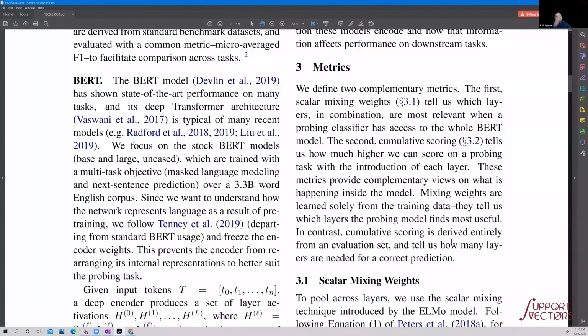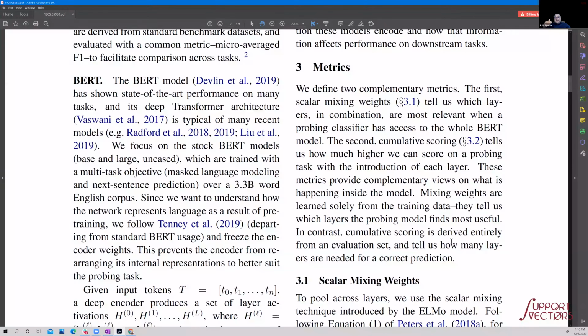So what it means is, suppose you have layer 1, layer 2, layer 3, and suppose your task is, let us say, co-reference, or maybe let's take something very basic, named entity recognition, or part of speech tagging. You would imagine that the first layer would contribute a lot to this task. Then you add the second layer, your performance improves. The question is, differentially, how much did your performance improve when you went from 1 layer to 1 and 2 layers?